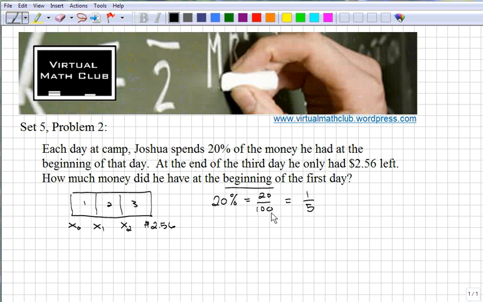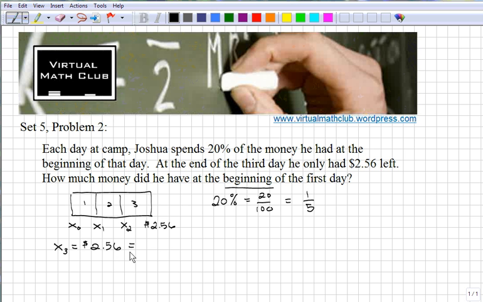Okay? So here is my solution. We're given that, I'm going to call x3 the amount of money he had at the end of the third day. And we know that that is $2.56, right?